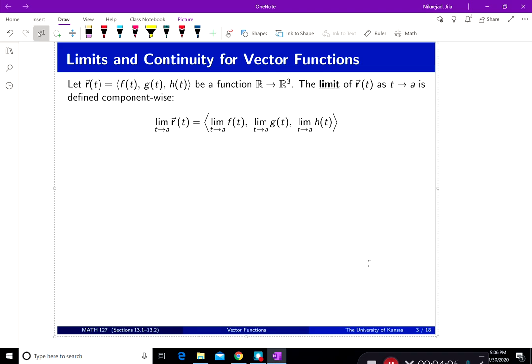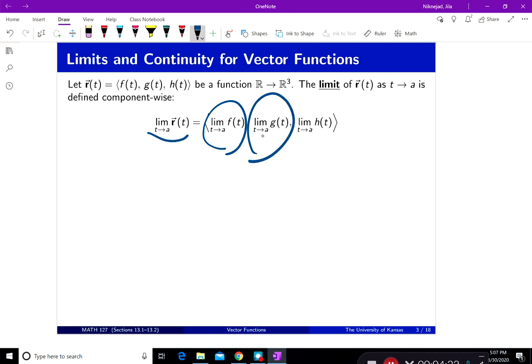The limit of r of t as t approaches a is defined component-wise. Because I have to define continuity through limits, right? And so the limit of r of t is just the limit of the first component, the limit of the second component, and the limit of the third component. And that's how we find the limits for r of t.